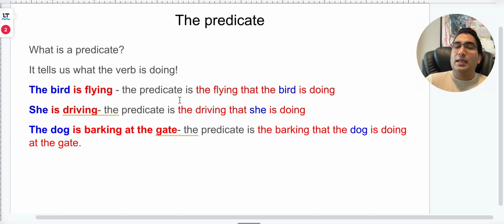The predicate here is flying, the action that the bird is doing. So flying is the predicate, and it is the verb as well. Basically, something that defines the action of the subject is your predicate. And you can read this further here to understand the examples better.